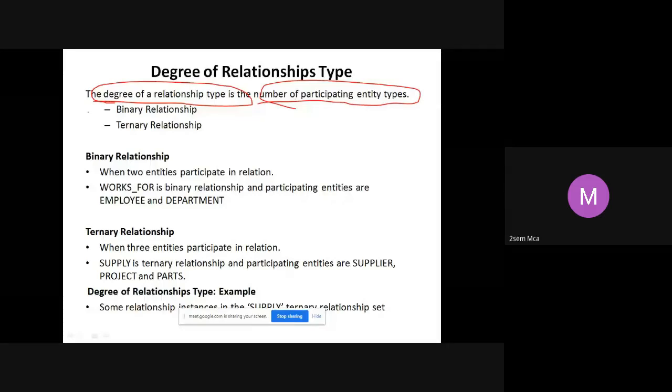Now the degree of a relationship, we can classify as binary relationship and ternary relationship. Binary means anything that is 2. So when 2 entities participate in a relationship, you call it a binary relationship. So works for is a binary relationship because there are 2 entities participating, employee and department.